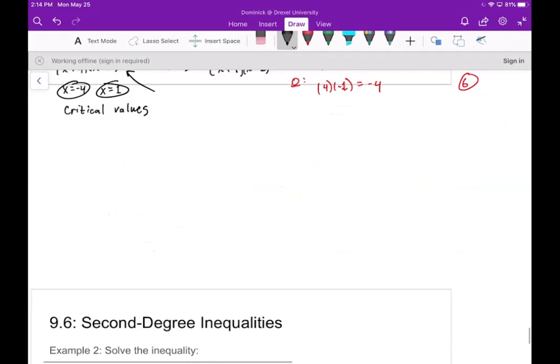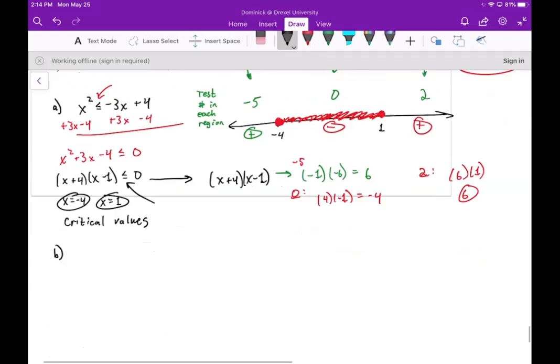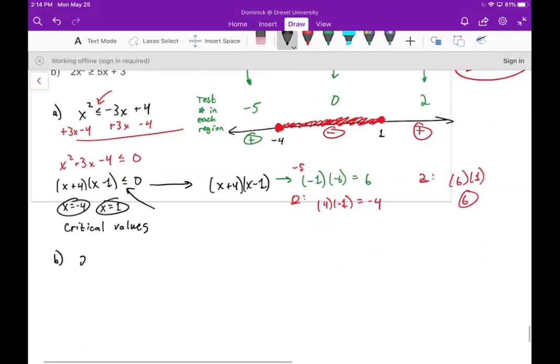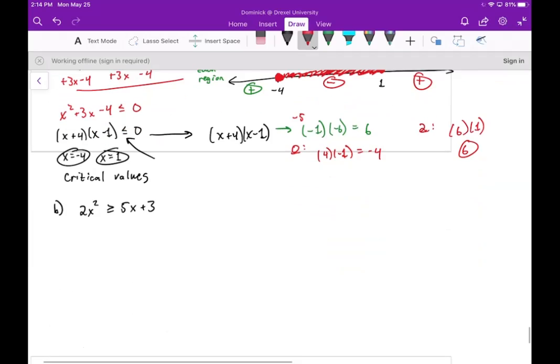Okay, let's look at part B. For part B, we have 2x squared greater than or equal to 5x plus 3. If I move the 5x and the 3 over, I'm going to have 2x squared minus 5x minus 3 greater than or equal to 0.